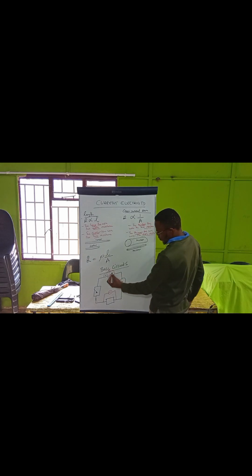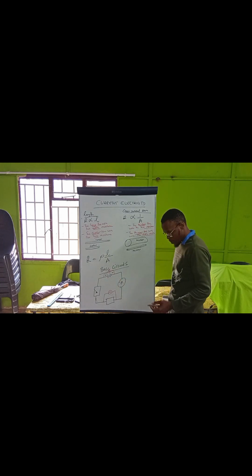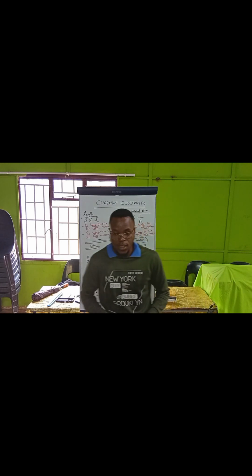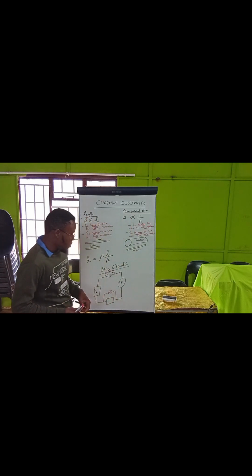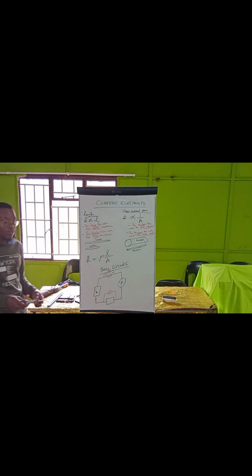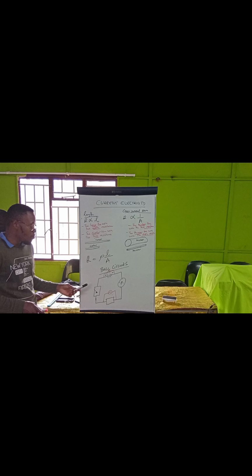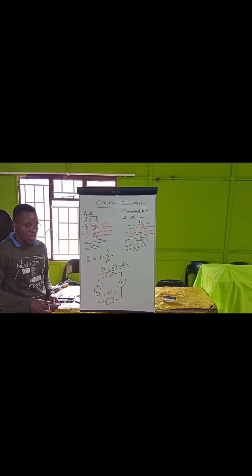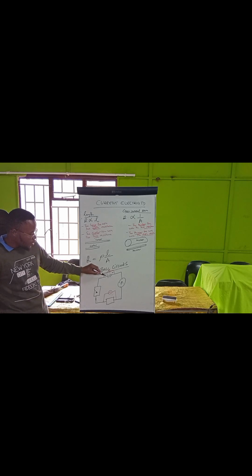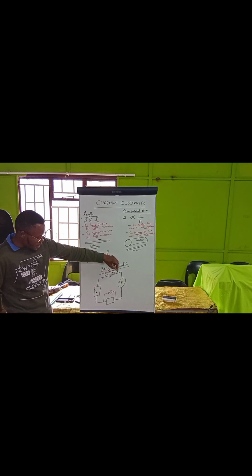conventional flow. Maybe I should also explain this. There's a difference between electron flow and conventional flow. So conventional flow, when we're talking about current electricity, we simply mean that the current flows from the positive terminal to the negative terminal.